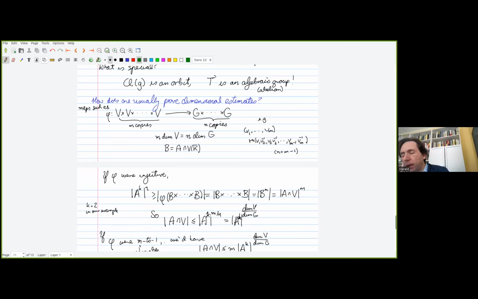Now, if it's an injective map, the image is exactly as large as the domain, and this Cartesian product, the domain has size B to the m. Sorry, B here, this is outside. Number of elements of B to the m, and B is just the intersection of A with V to the m.